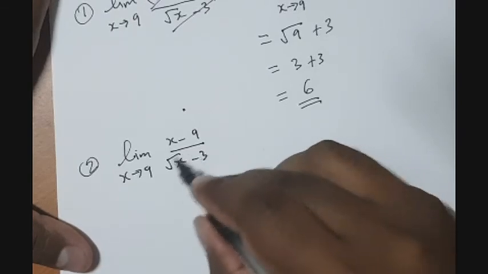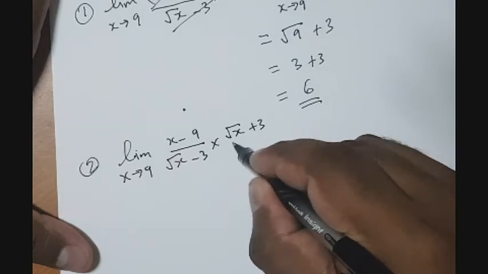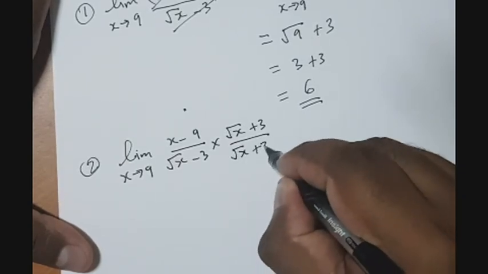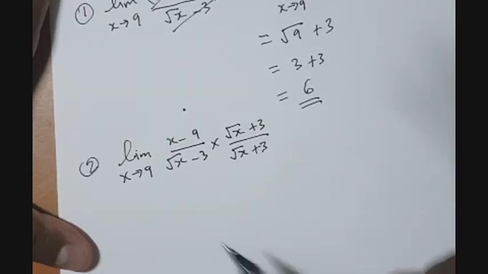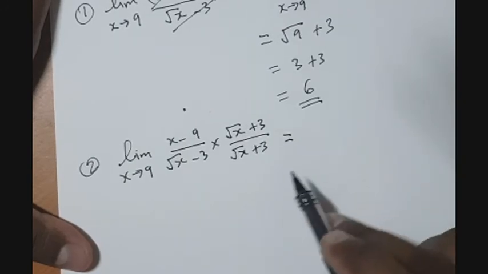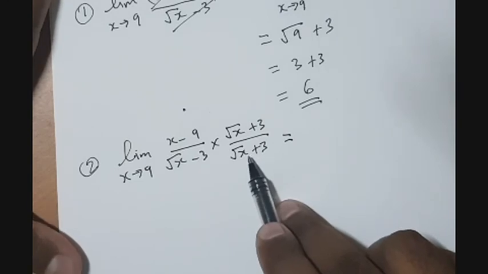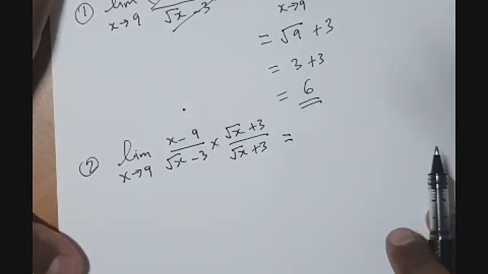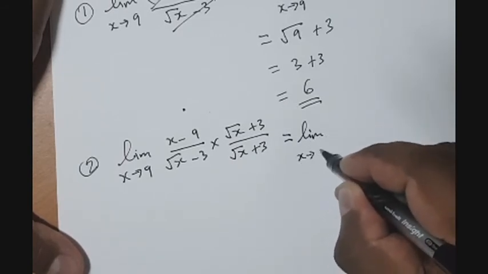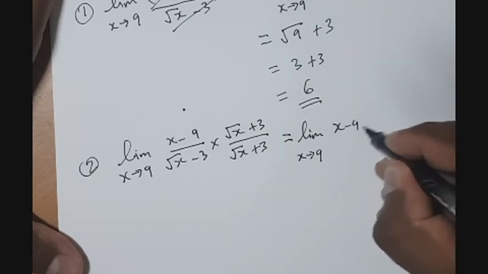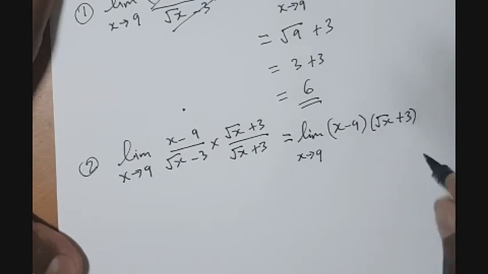I will multiply by the conjugate of it, so multiply by (√x + 3)/(√x + 3). I'll multiply both my numerator and my denominator with the conjugate of the denominator. From here we can directly multiply our numerators together and multiply our denominators together. So you'll have (x − 9) multiplied with (√x + 3).